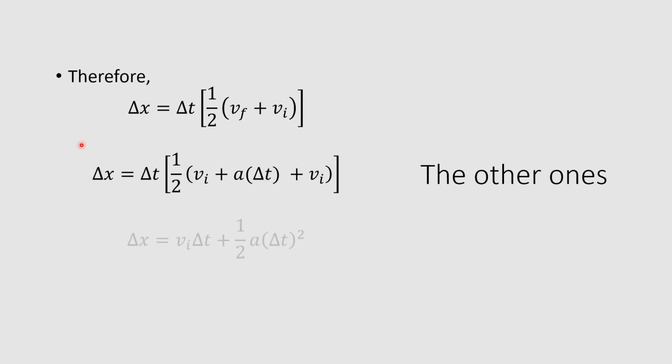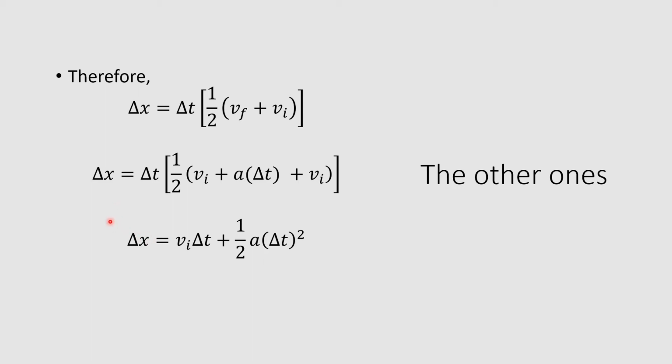Now you can rearrange this equation, and what you come up with is that delta x is given by Vi delta t plus half a delta t squared. Now, for instance, if you didn't know what Vf was and you didn't know what Vi was, you can use this equation to find what Vi is and what Vf is going to be by using this relationship here where my laser pointer is, given that you know what the delta x is.